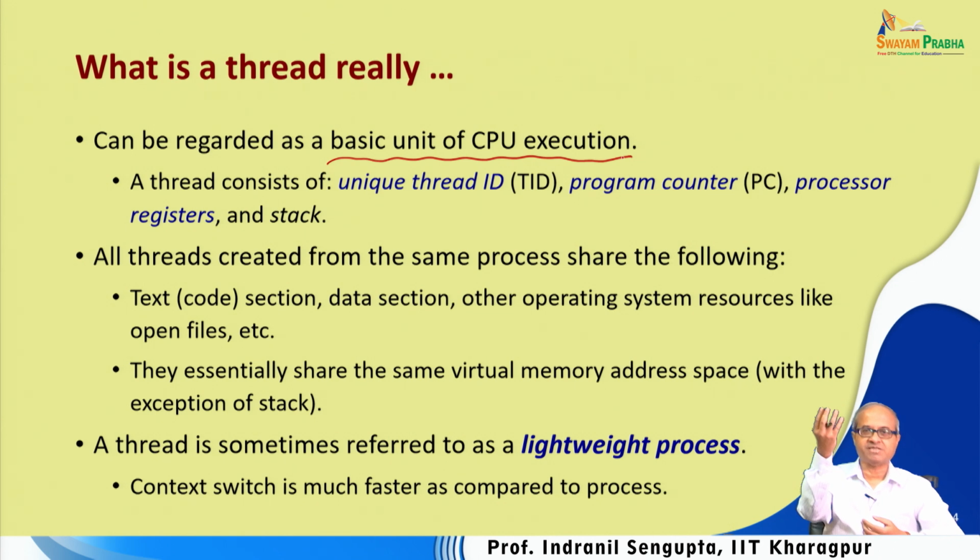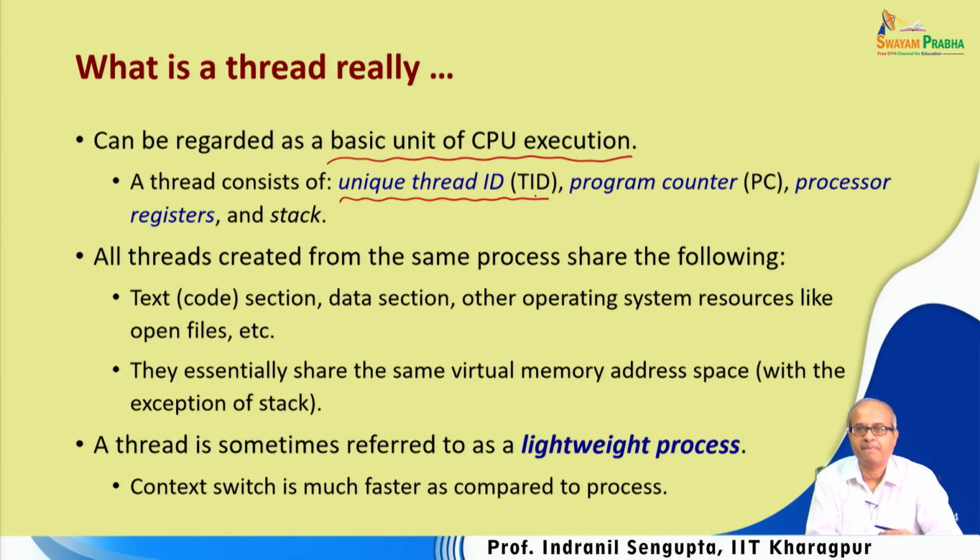Now, as I said, threads do not get created automatically. Normally from a process we create some threads, from some other process we create some other threads. Typically every thread contains a few things. Just like a unique process ID, each thread will have a unique number called thread ID, or TID in short.